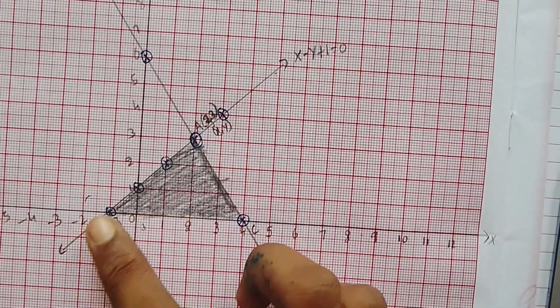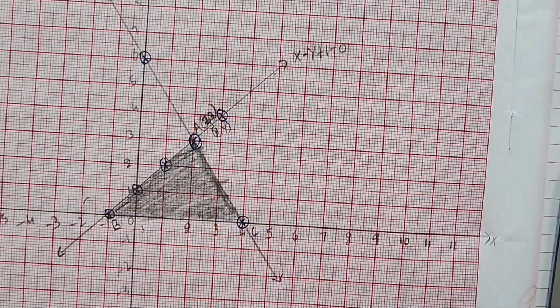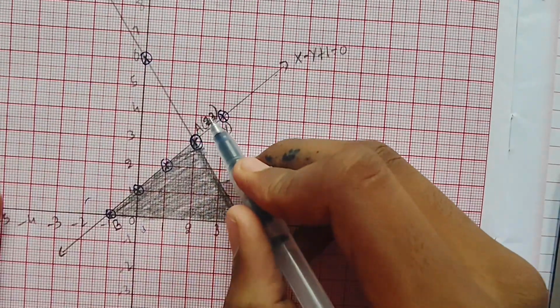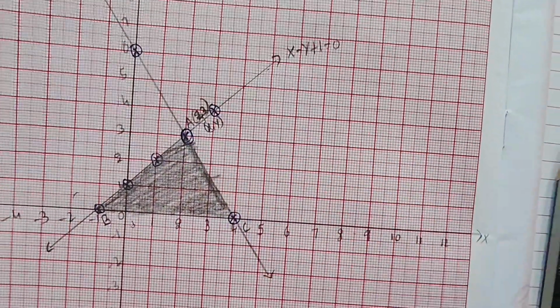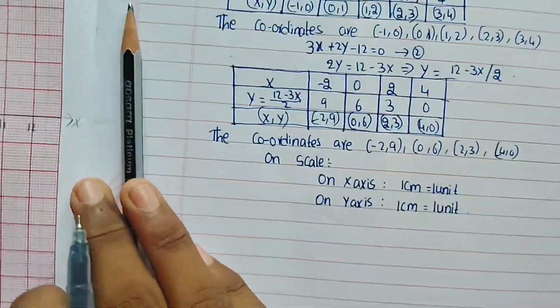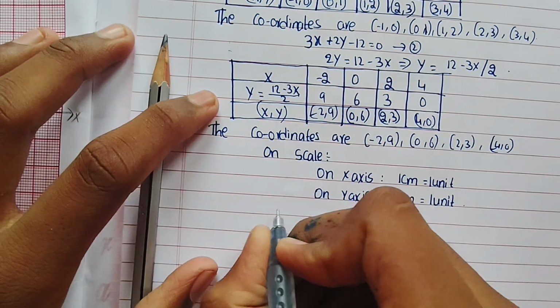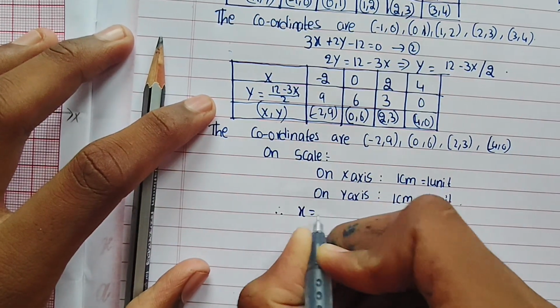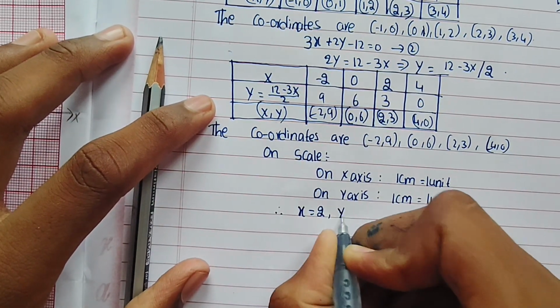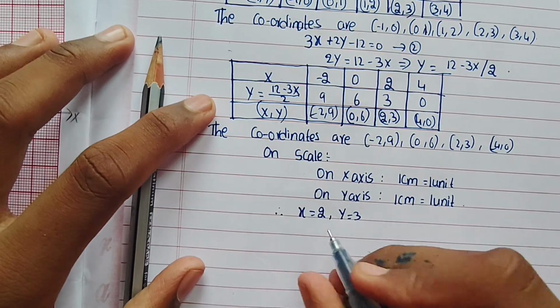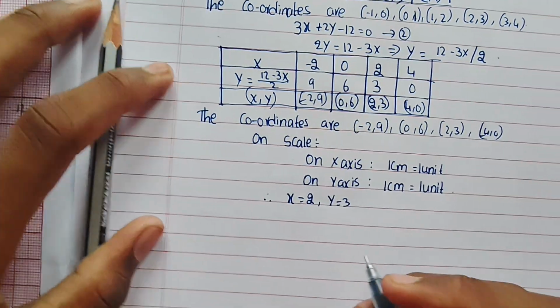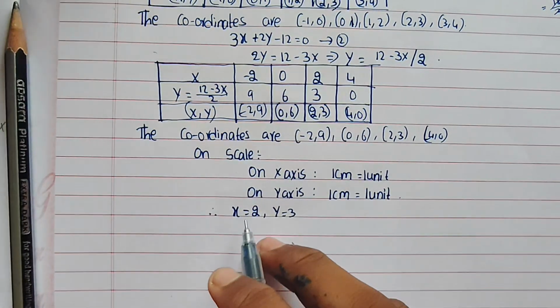So we have completed shading the region. What we got here, A is 2, 3. So x is 2 and y is 3. Therefore we got x is equal to 2 and y is equal to 3. So we have got these values.